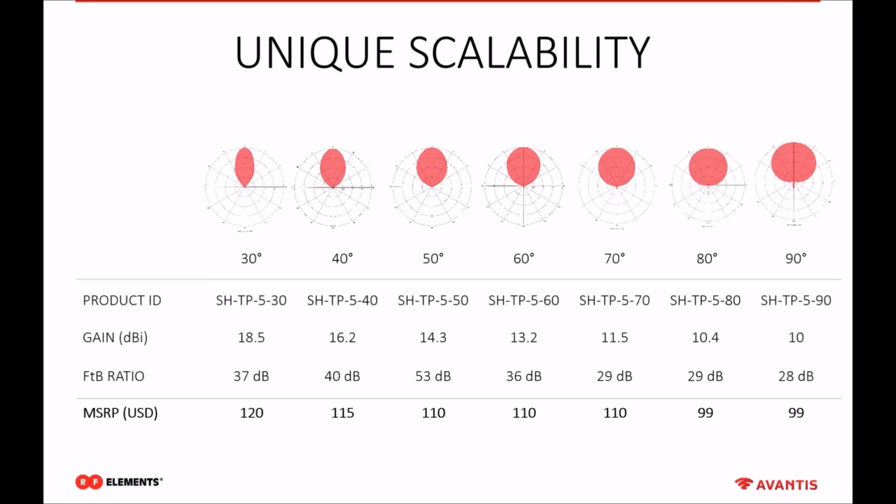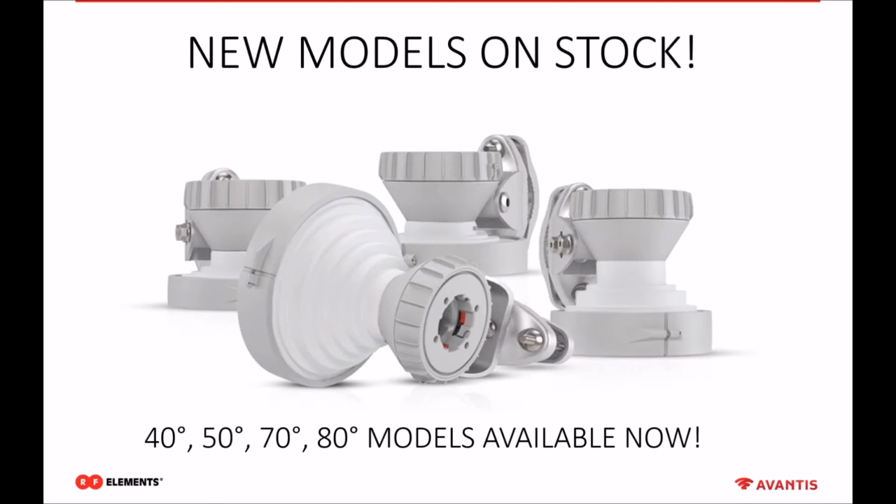We started with the 30, 60, and 90 models of symmetrical sector, but now we have all models available. It means that now you can really scale your network or pick the model that you really need. So if you need 50, you can pick a 50 and cover just the zone and the customers that you really want to cover.